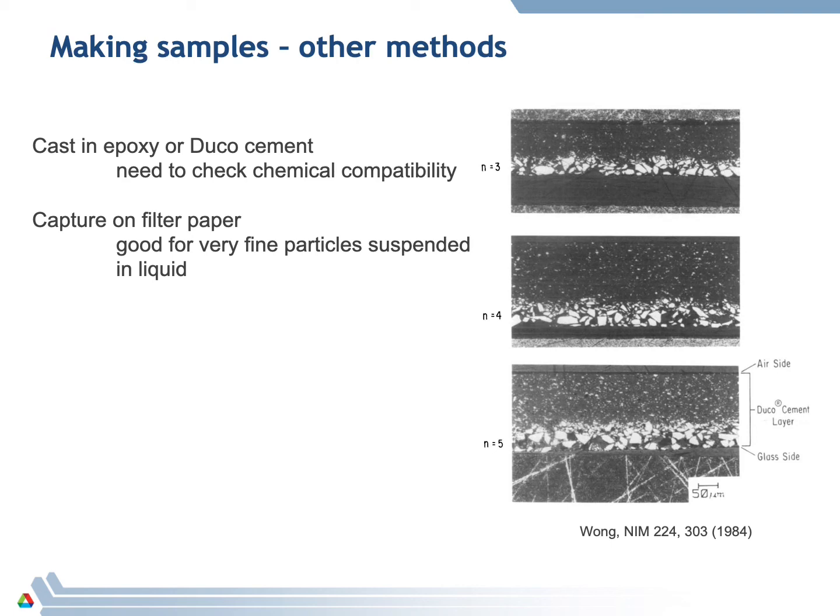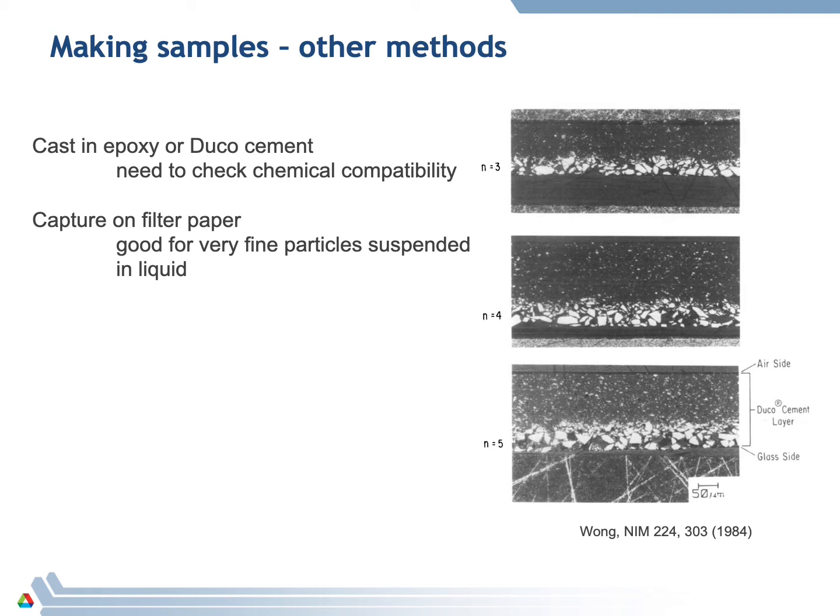The picture just shows an example. These are actually cross sections of filters that were made using powder in Duco cement, but you could use a similar method for making samples. A method that sometimes is used: you could capture the very fine particles suspended in liquid on a filter paper.